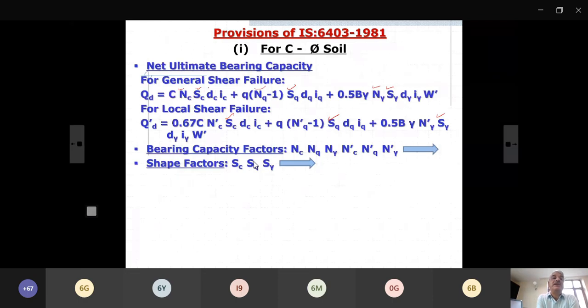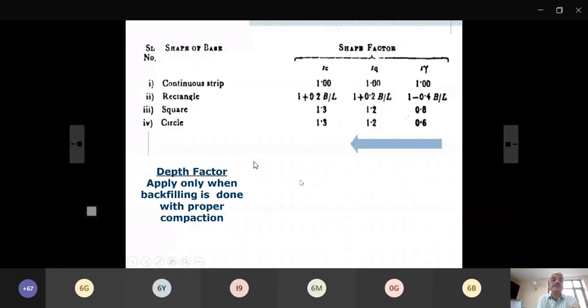After that, next is DC, DQ, D gamma. Here also DC, DQ and D gamma. What are they? They are called depth factors. So what does the code say? It says apply them only when your backfilling is done with proper compaction.